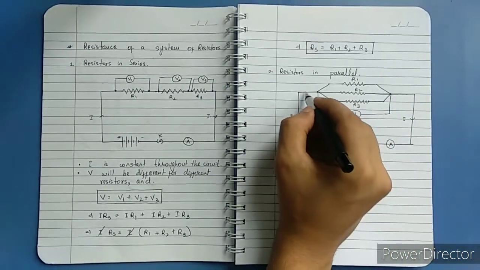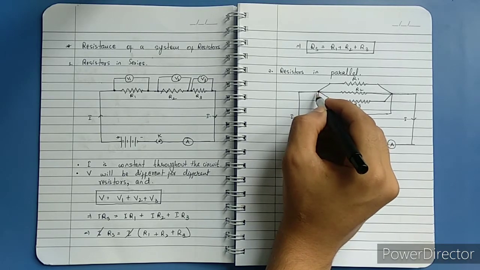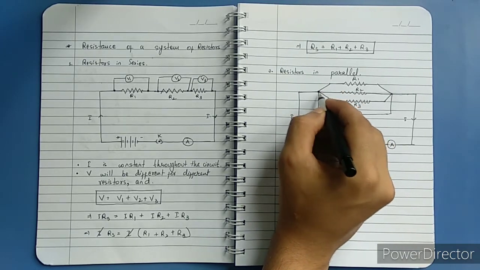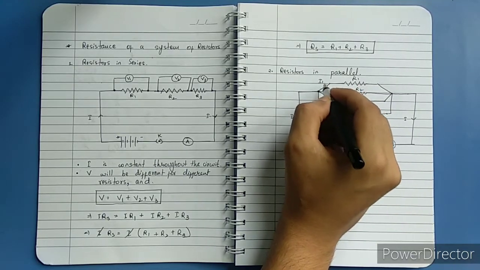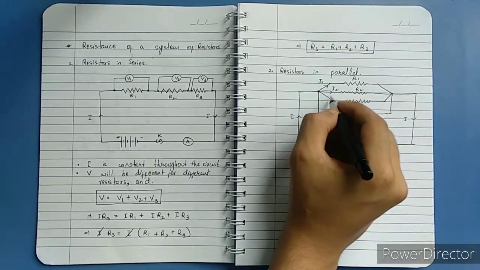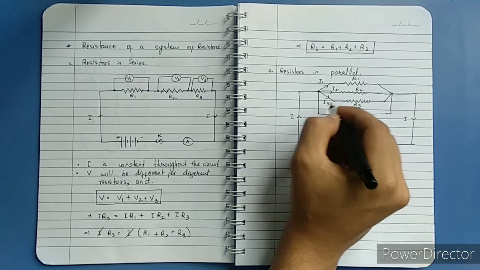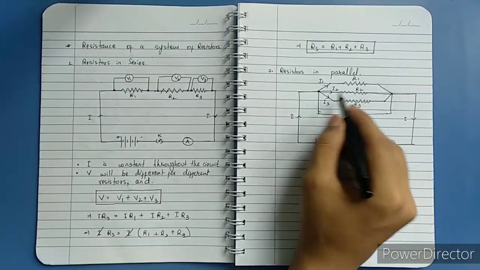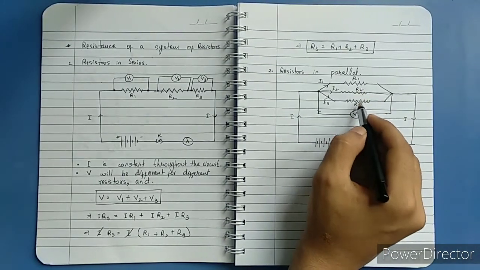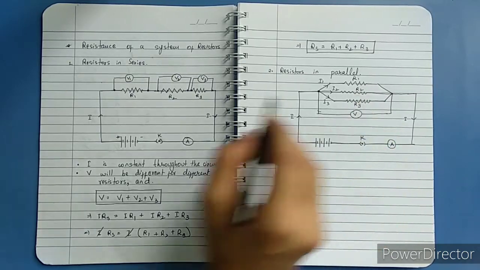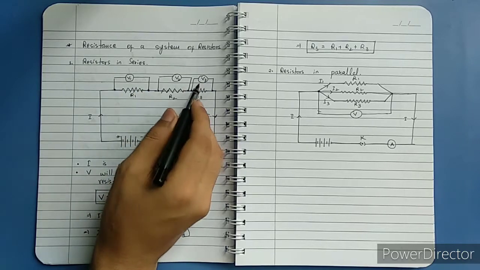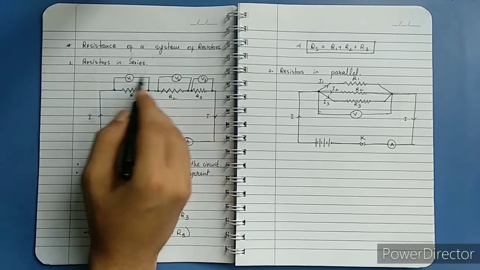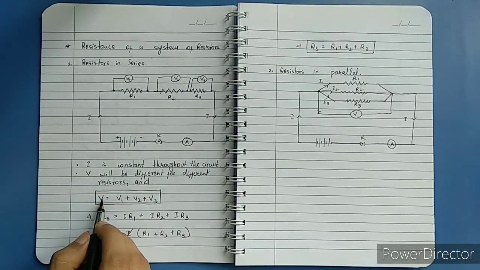With the current, there are 3 resistors and the current splits into 3 parts, I1, I2 and I3. But the potential across these 2 points is constant, so the potential is the same for all of them. In the series case, the points were different, so the potentials were different and added up to the total potential.